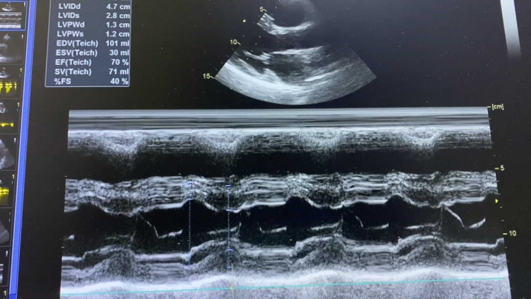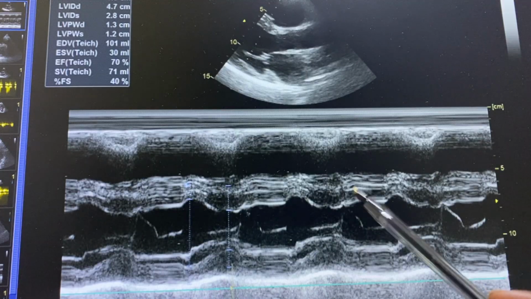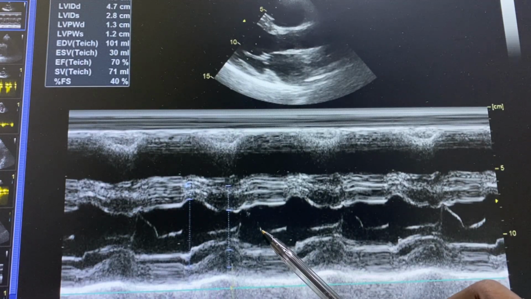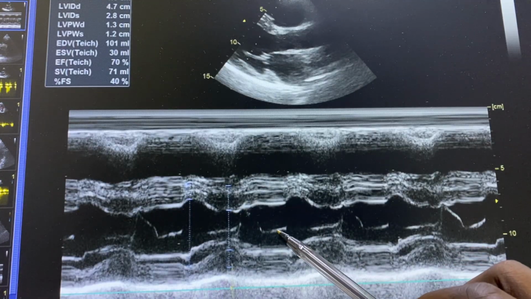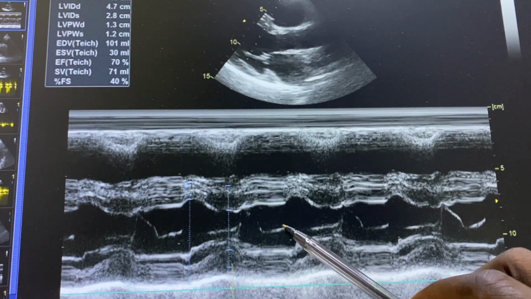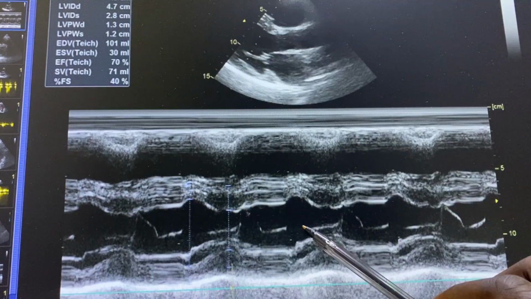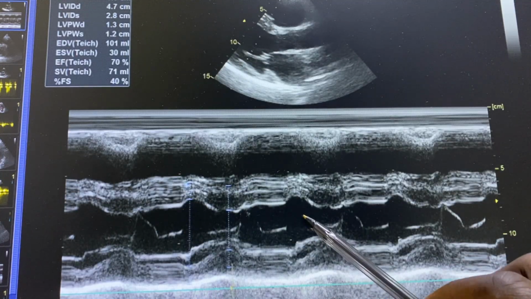End diastole is the last part when all the blood has emptied into LV, but mitral valve is still going to be soon closing, or the last part when mitral valve starts closing. Otherwise, if you see here, it has two parts: partial opening and then full opening. Partial opening is somewhere here.